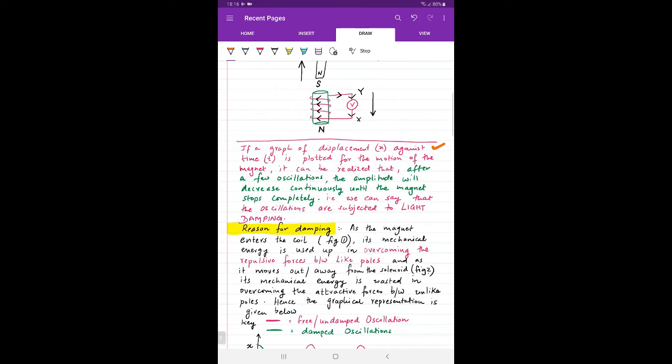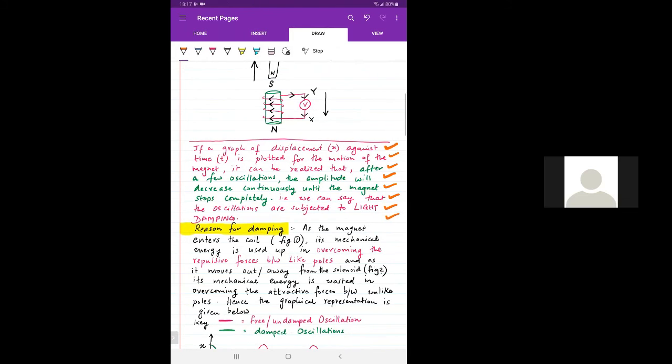If a graph of displacement x against time t is plotted for the motion of the magnet, it can be realized that after a few oscillations, the amplitude will decrease continuously until the magnet stops completely. That is, we can say that the oscillations are subjected to light damping.